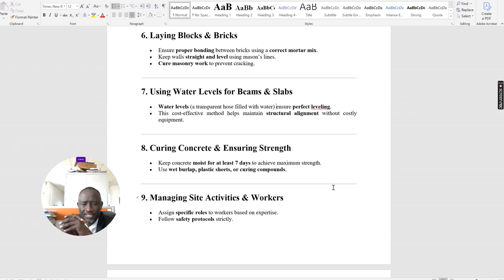So all these activities have their heads, or what we call the foremen. You have a foreman in charge of carpentry works, a foreman in charge of steel bending, and a foreman in charge of masonry. Therefore, when you're assigning these roles, you have to assign them correctly.